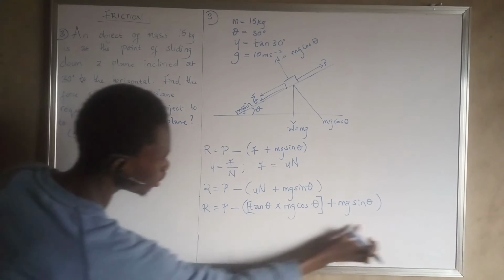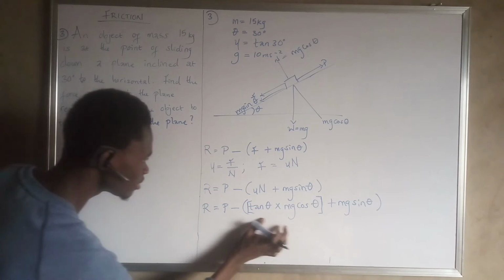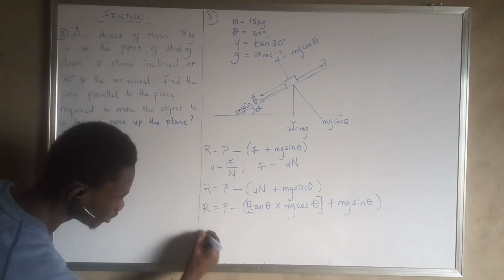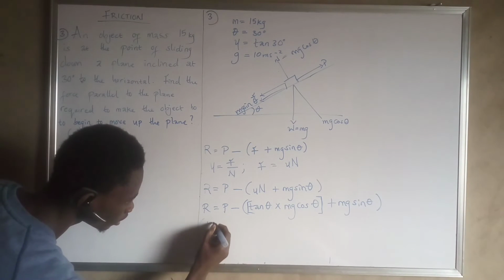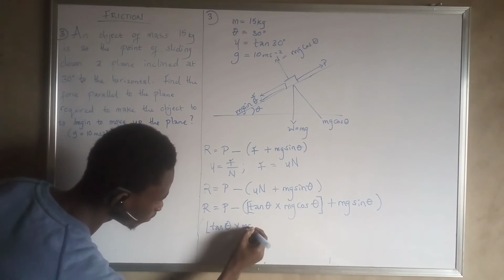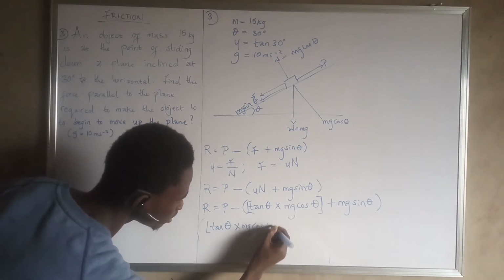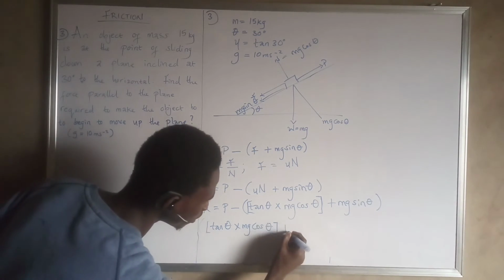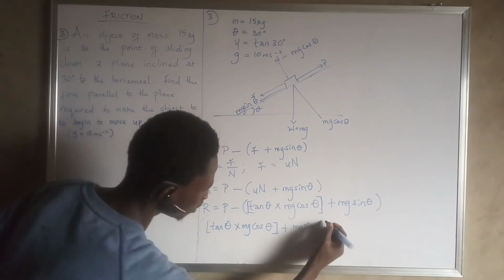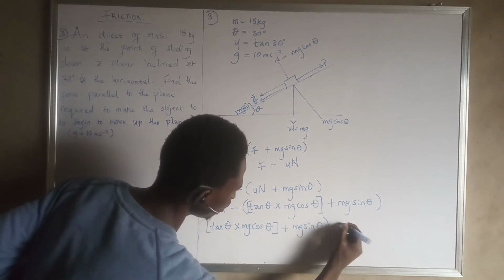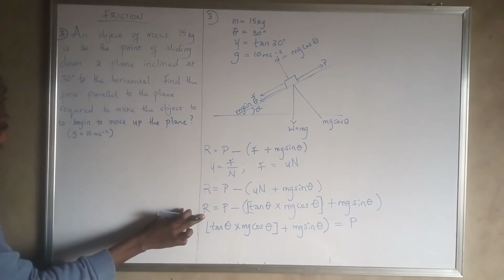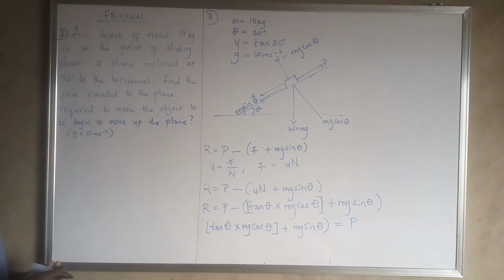We take this equation here and move it to the other side. So this minus will be eradicated. Then we have tan theta times mg cos theta plus mg sine theta, close the bracket, equal to P. The P remains, and this comes to the other side of the equal sign.